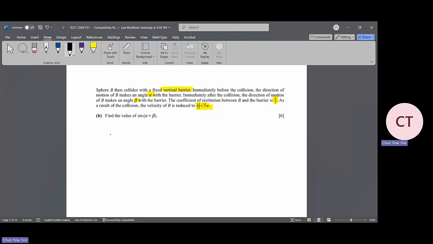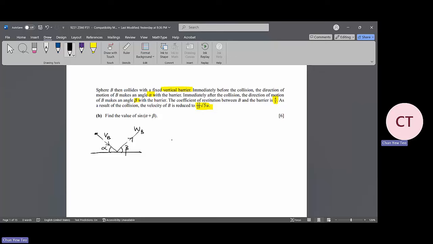Okay, so what we need to do over here is maybe draw a diagram. So this is VB, this is the alpha, this is the beta. After the collision, we will say this is WB.